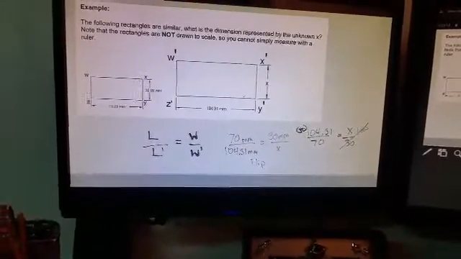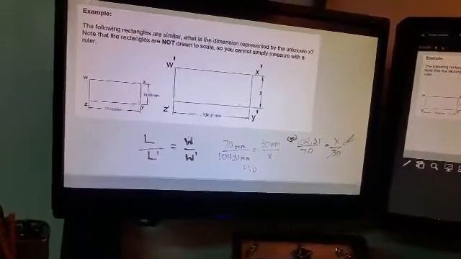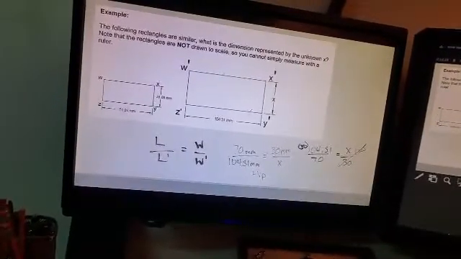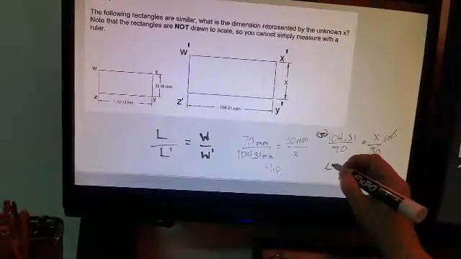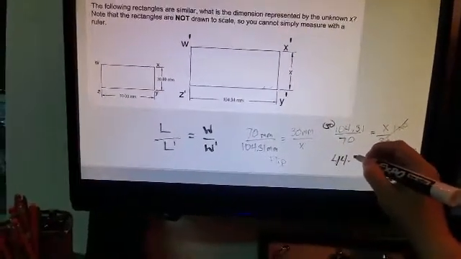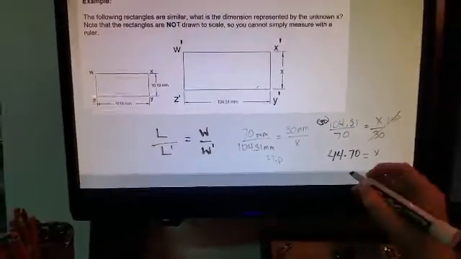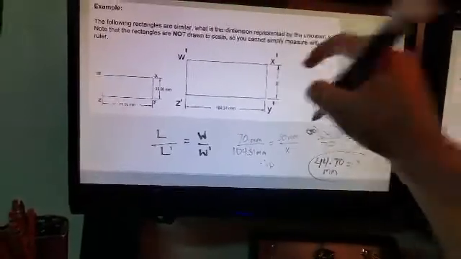So 30 times 104.31, and then we're going to divide it by 70. So here we get a length of 44.70 equals x, and our units are millimeters. So we've just found the unknown side.